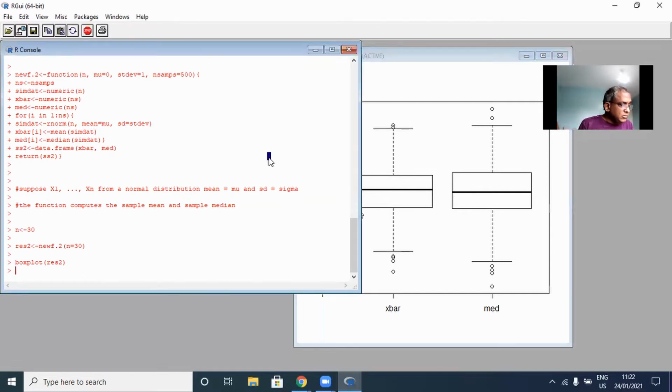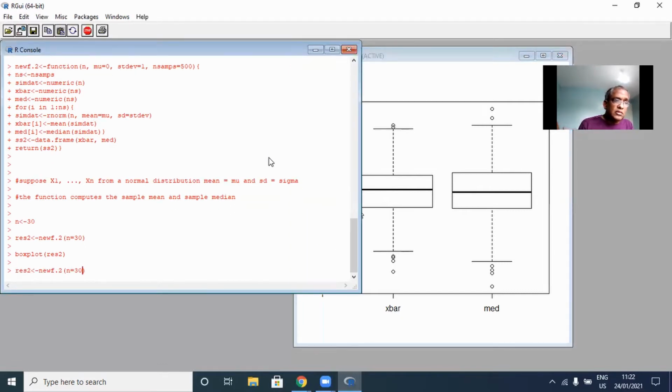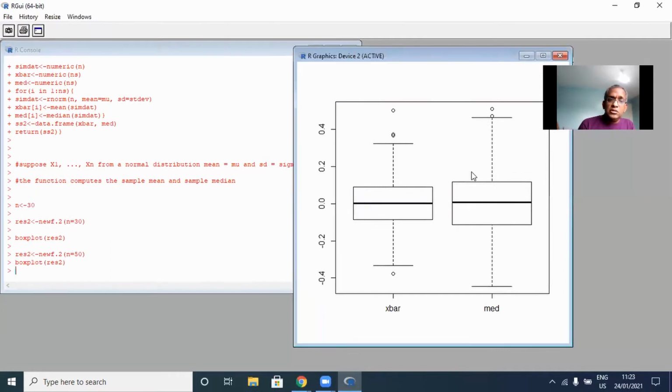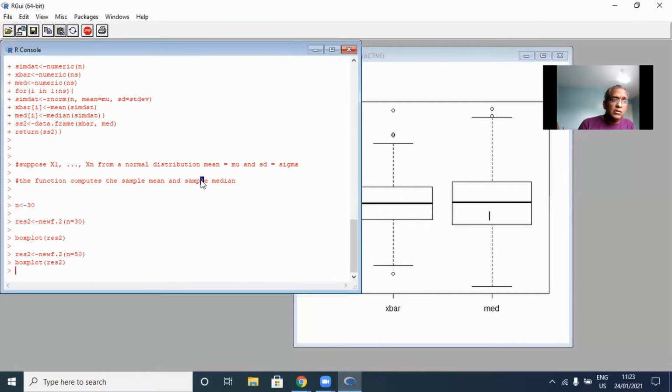Now let's do the same thing with a different value of n. Let's take n to be, say, 100, or let's say 50 to start with. In this case, the picture is similar. Again, the box corresponding to the sample mean is narrower compared to the box corresponding to the sample median.